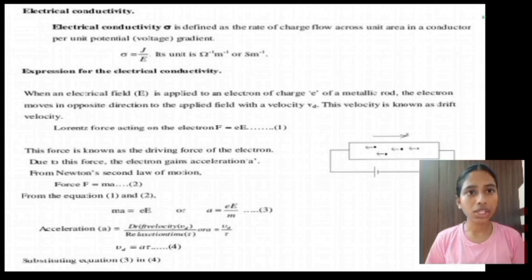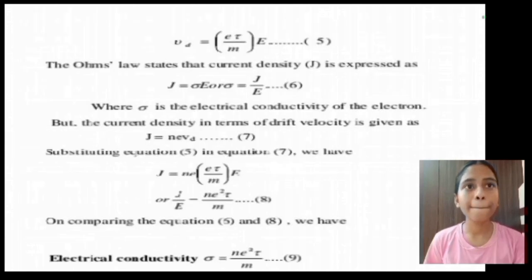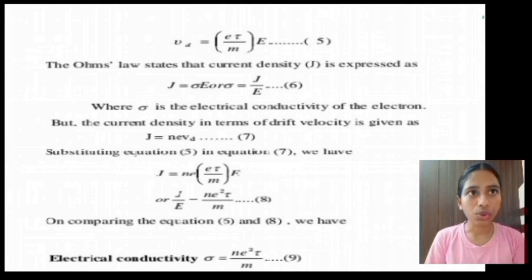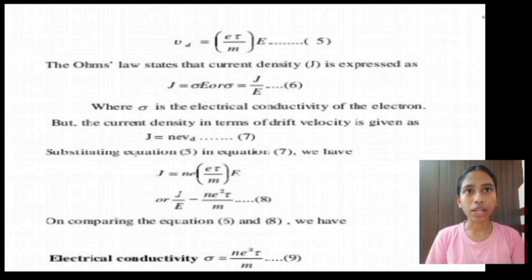So acceleration is equal to drift velocity divided by relaxation time, or a equals vd by tau, and vd equals a into tau, which we'll take as equation 4. When we substitute equation 3 in 4, we get vd equals eE tau divided by m, which is equation 5.